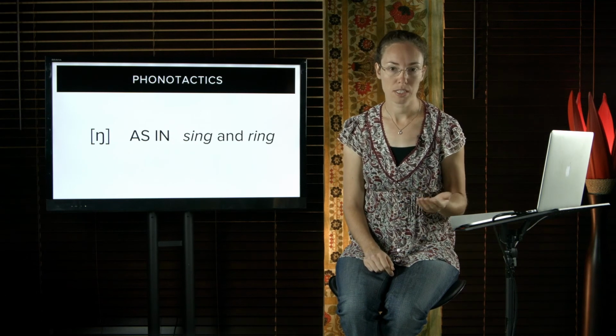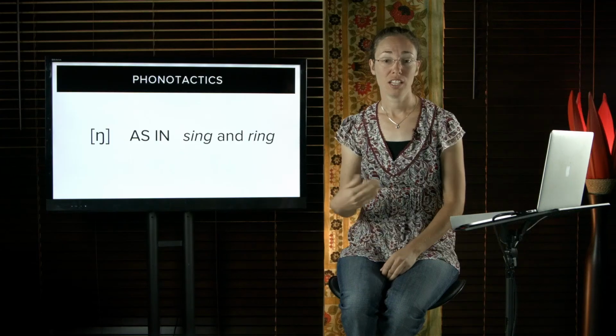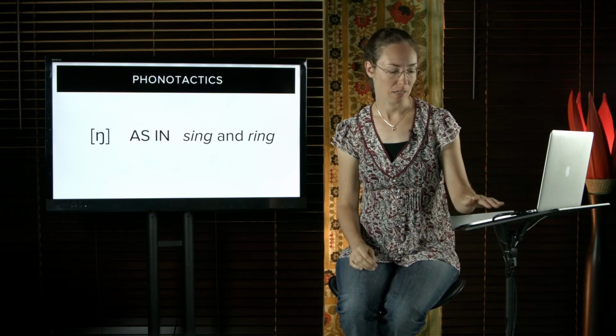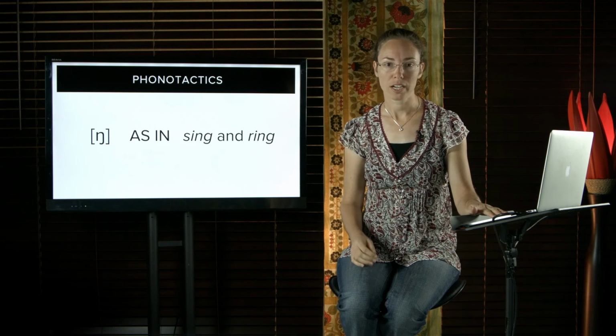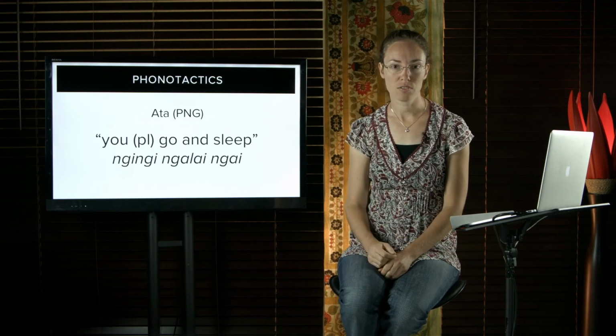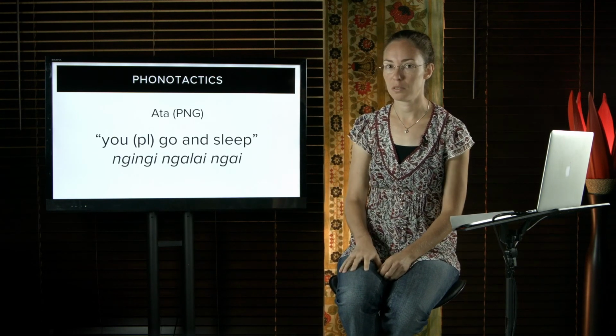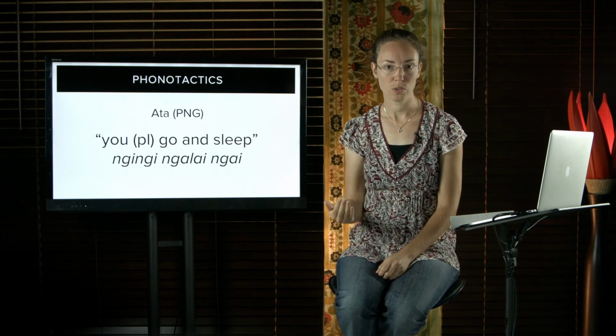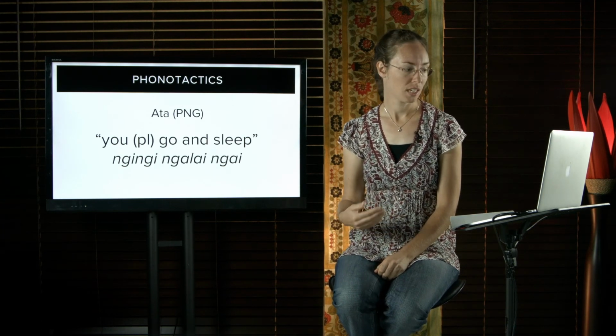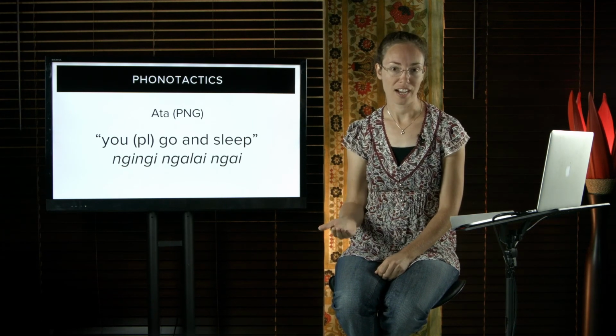We find it in words like sing and ring, but it is never at the beginning of a syllable in English. In other languages, such as Arto in PNG, it's quite common to have it at the onset of syllables, such as in most of the syllables in the sentence for you go and sleep, which is ngingi, ngalai, ngai.